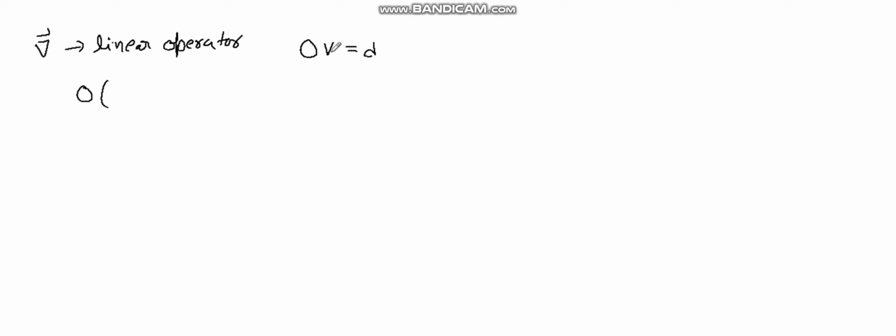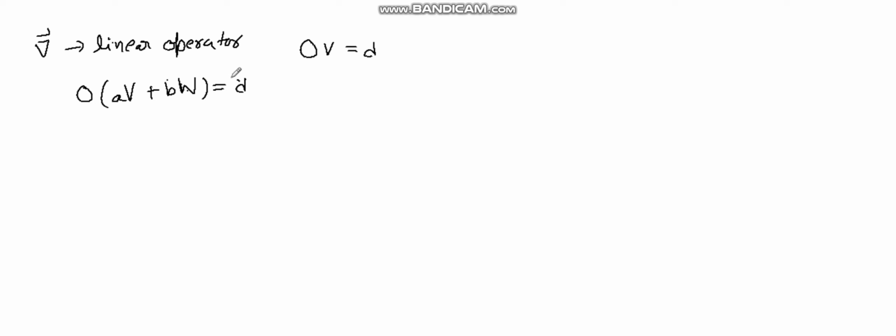Instead of the function V, we have a function V plus W, and there will be some scalars A and B multiplied with the functions V and W. So we multiply V and W with their corresponding scalars, sum them, and then operate, and we get an answer. Let's say the answer is D.